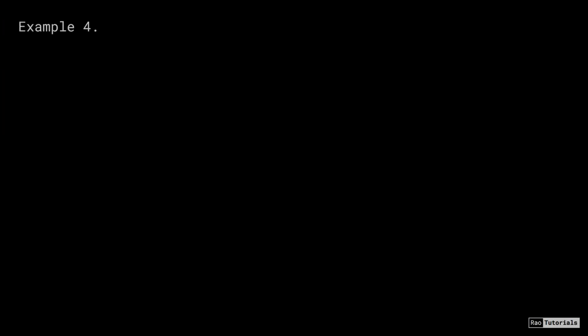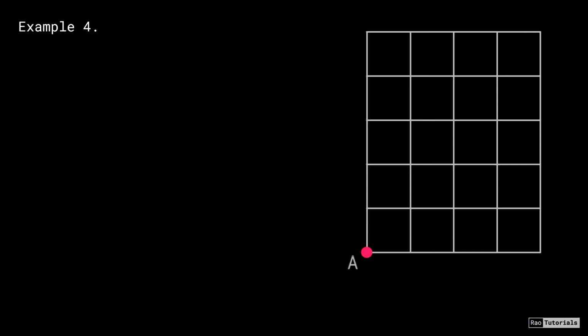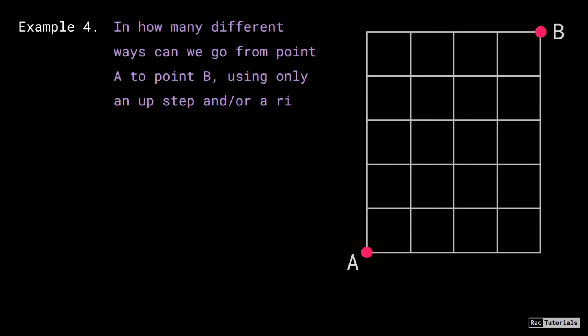For the next example, consider this 5 into 4 grid with this bottom left vertex as A and top right vertex as B. The question is, in how many different ways can we go from point A to point B using only an up step and or a right step?